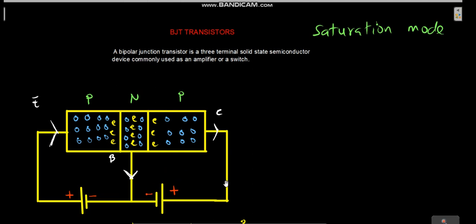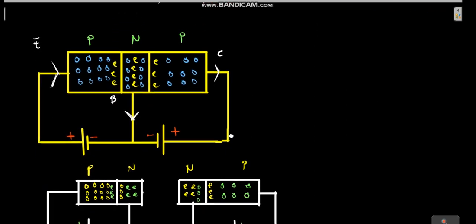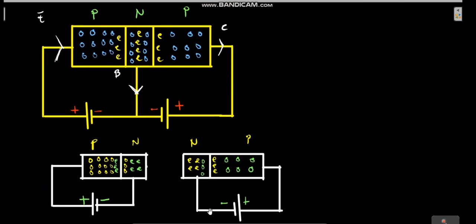Let's look at this in a very simplified view. At this point you see that I've drawn the diode equivalent circuit here. This is the transistor equivalent circuit. This transistor is actually made up of two diodes, so I've separated the diodes here: we have one diode here and another diode here.